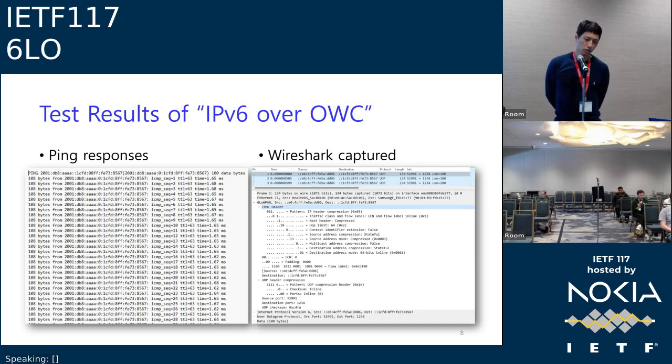We got two kinds of results. One is ping responses, where the two devices get the packet from the ping. The other result is a Wireshark capture of the 6LoWPAN packet. Next slide, please.